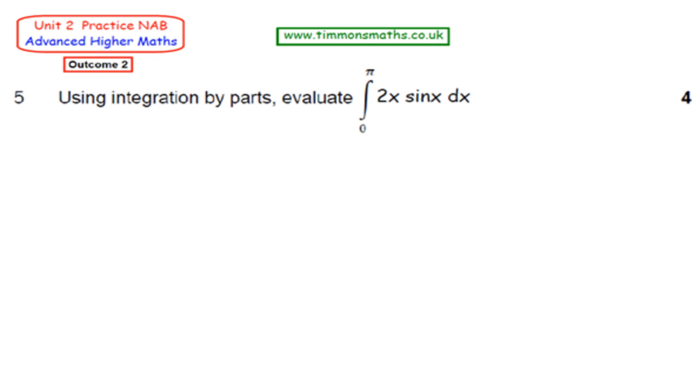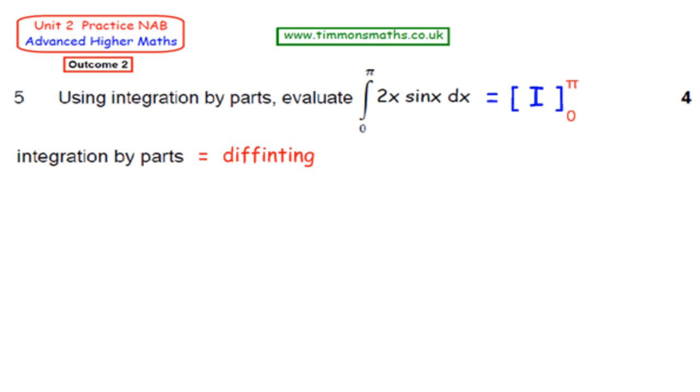First of all, we'll call this integral I, so that we have to work out I between 0 and pi. Integration by parts, or definting. We draw a definting table.